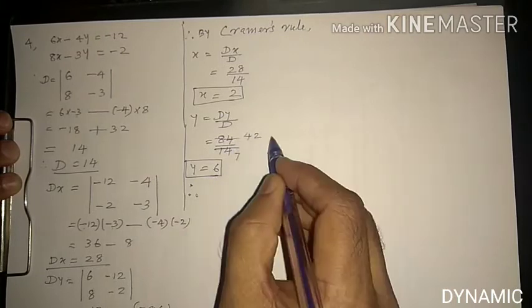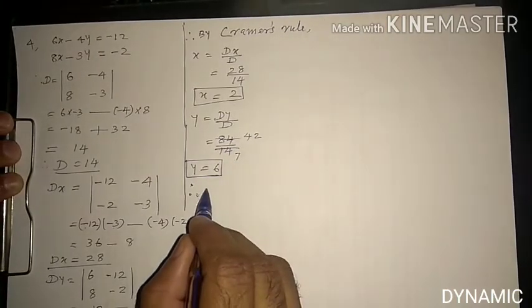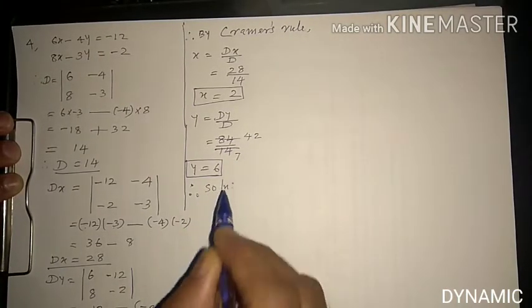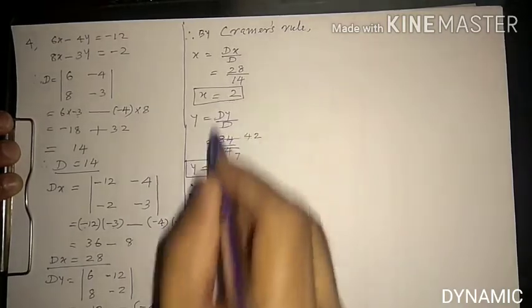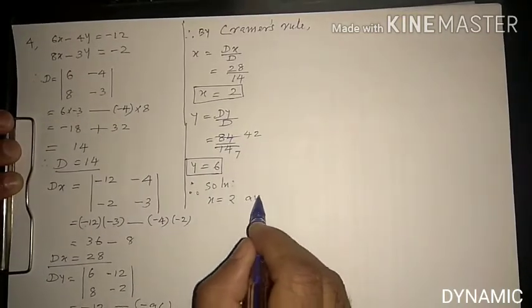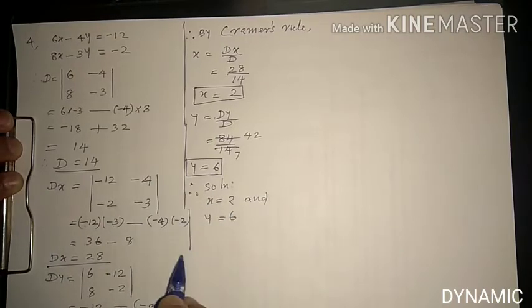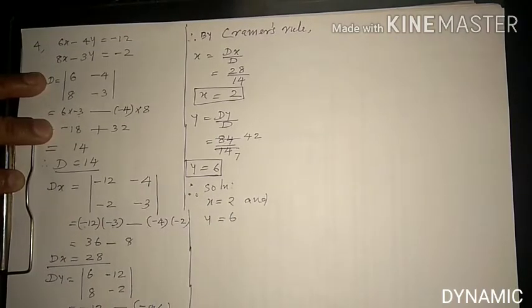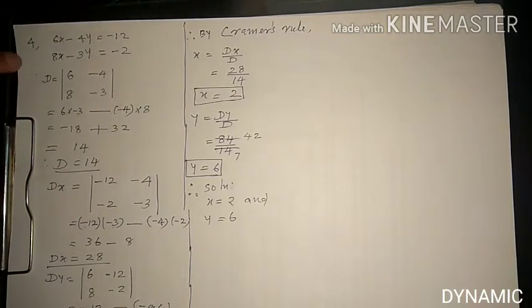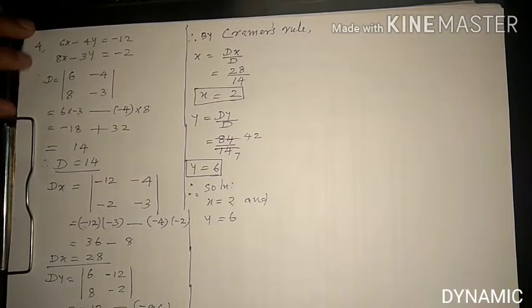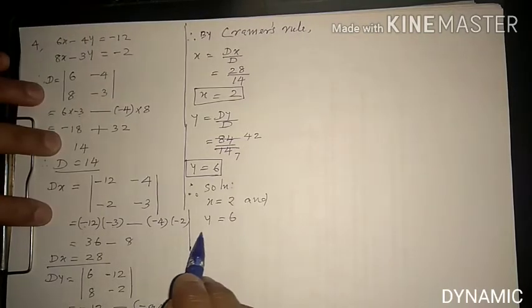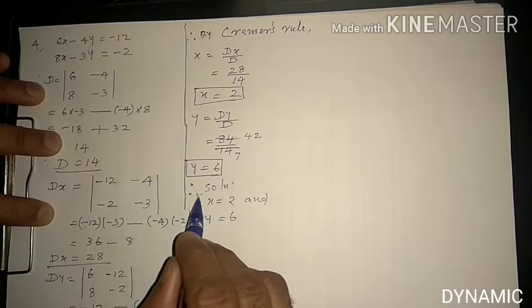Therefore, the solution: x is equal to 2 and y is equal to 6. This is how we are solving that equation, that is the given equation question number 4. Put this in a box.